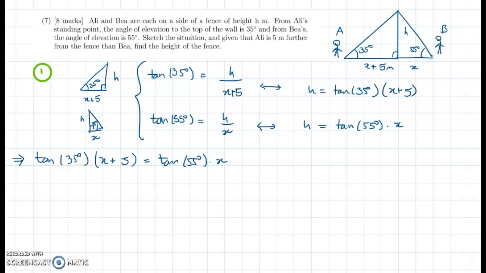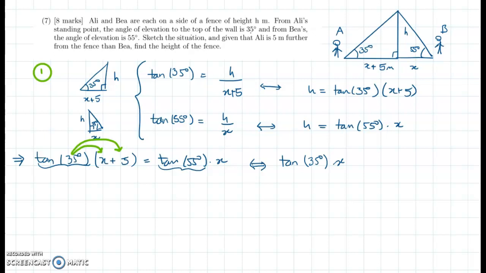Instead, just remember that this tangent of 35 and this tangent of 55, they're just numbers. I don't know what they are, but they are numbers. So I'm going to write on one side all the terms that have x. We have the term tangent of 35 degrees multiplied by x. This term here I obtained by expanding the bracket, so I'm multiplying tangent of 35 times x and tangent of 35 times 5.